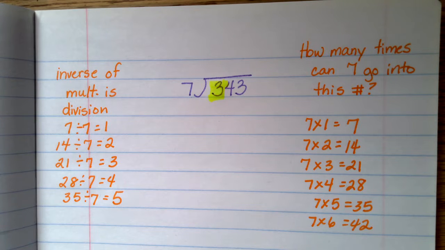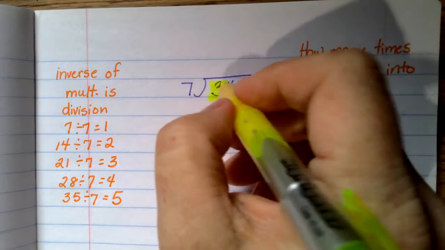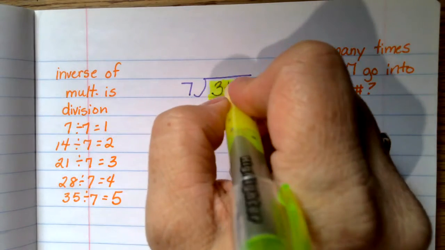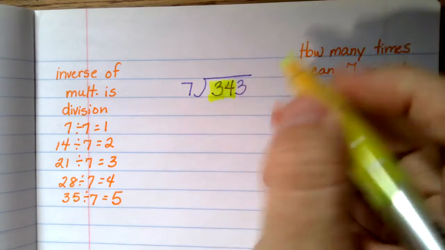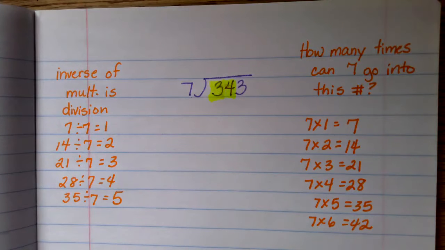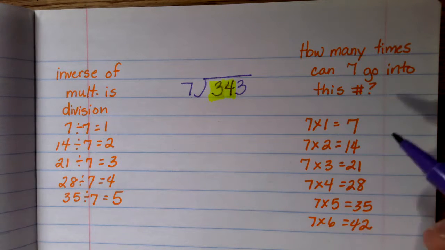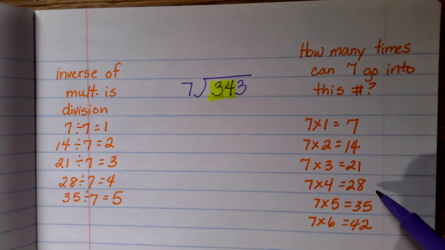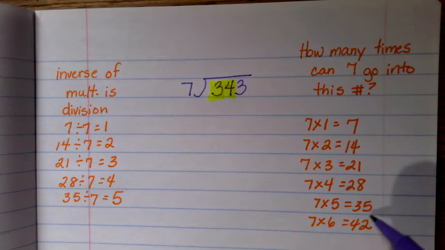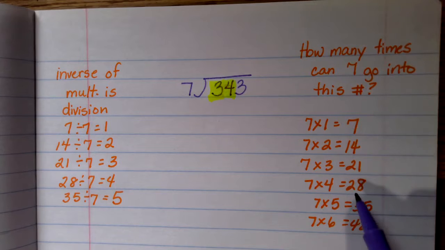Now I have to look at the first two numbers. Can 7 go into 34? How close can we get without going over? When I look at these numbers off to the side, you can look at it like this: the product is going to be less than 34. I could do 7 times 4.